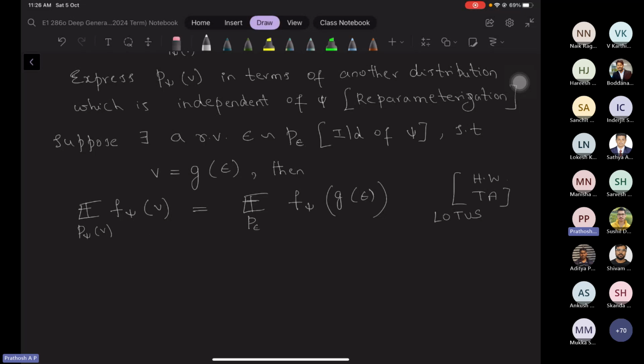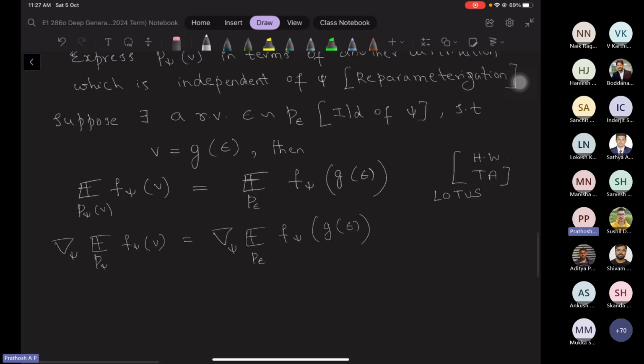So now, did we solve the problem? The problem was to find the gradient of this expectation with respect to p psi. Now this is equal to the gradient of the expectation of f psi of g of epsilon. You push the gradient inside the expectation, and that can be computed using sample averages.